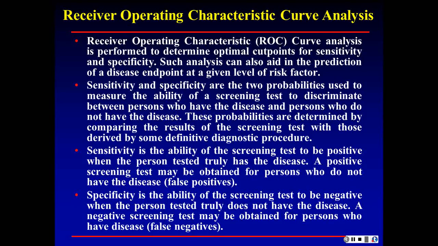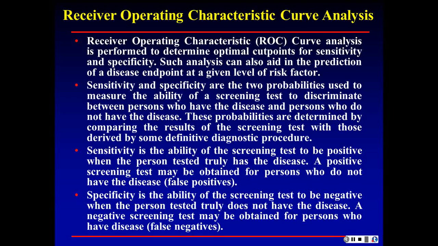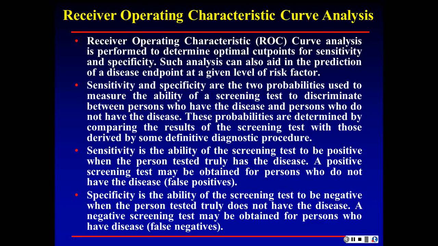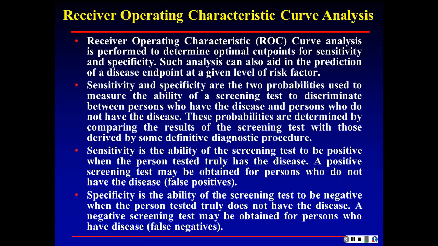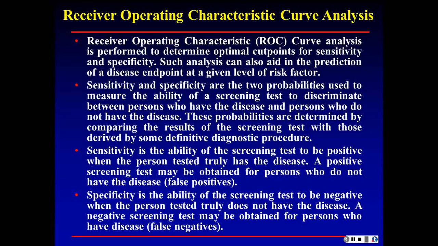Because in your clinical practice, it might be more efficacious to identify as many patients as possible that have the outcome, so you would maximize your sensitivity, or perhaps you would say, well, I'd like to identify a good portion of these having the endpoint, but I don't have to identify all of them.